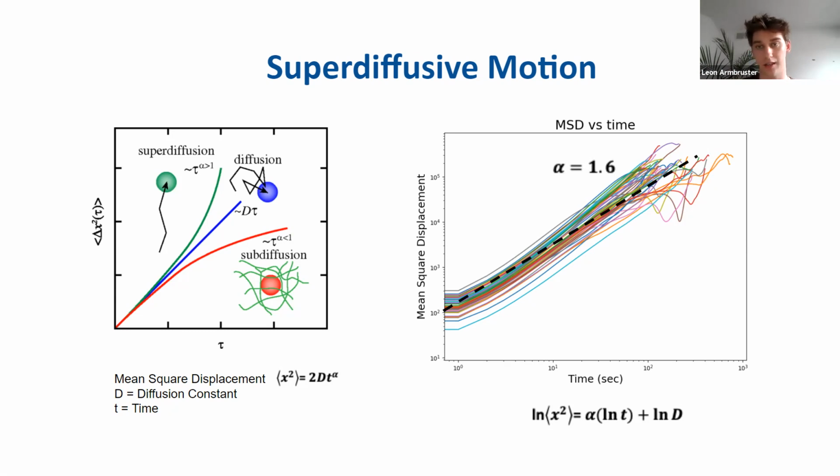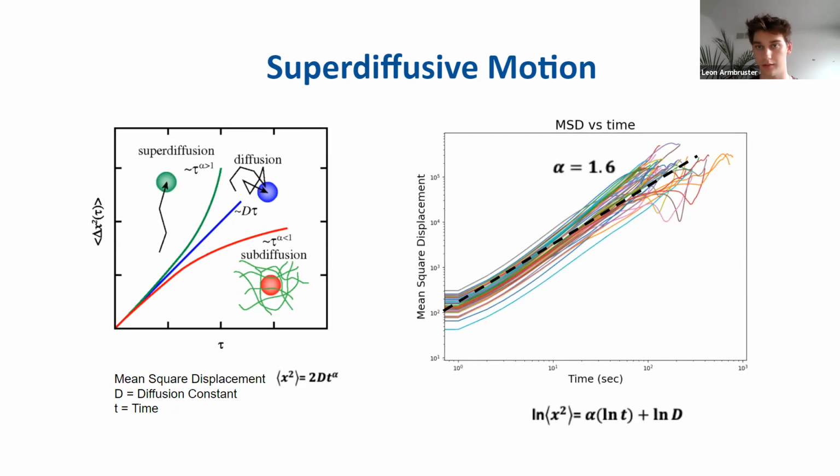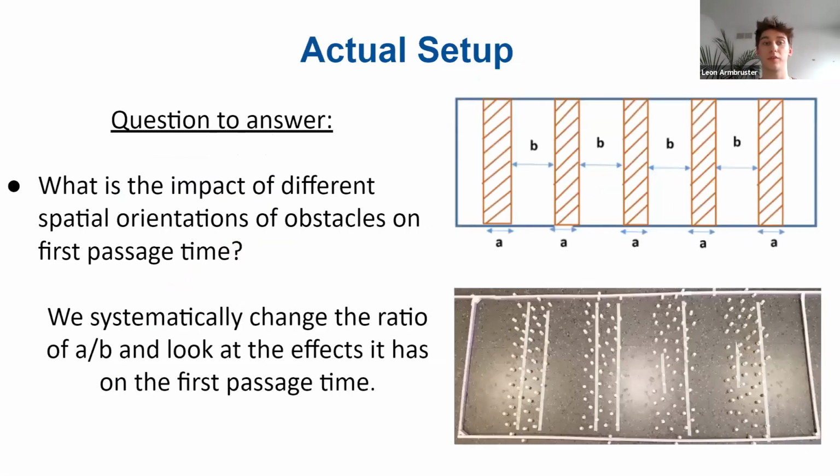Being done with the characterization of our data and now knowing how our little robot moves, we went up to our actual experiment. The question we set out to answer: what is the impact of different spatial orientations of obstacles on first passage time? In the top right, you can see our setup for the rest of the experiment.